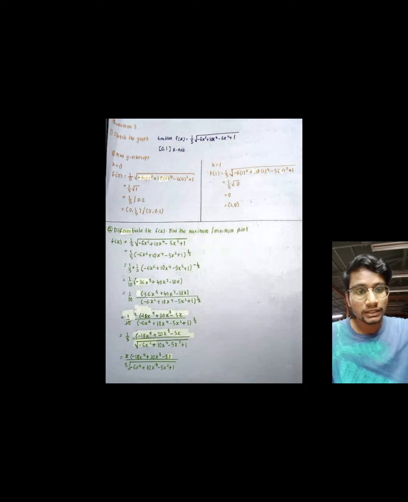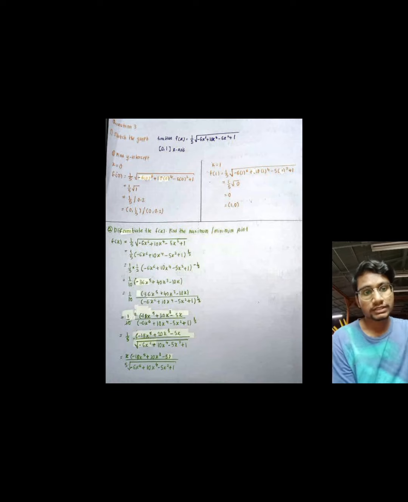We do it step by step. After that, (1/2)(-6x^6 + 10x^4 - 5x^2 + 1)^(-1/2). That 1/2 is the square root.